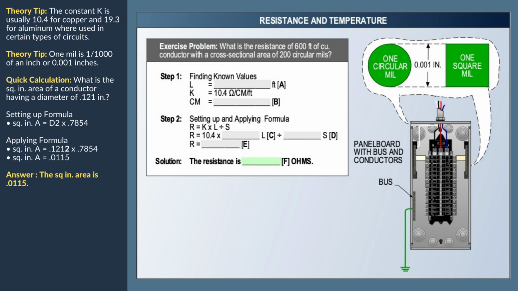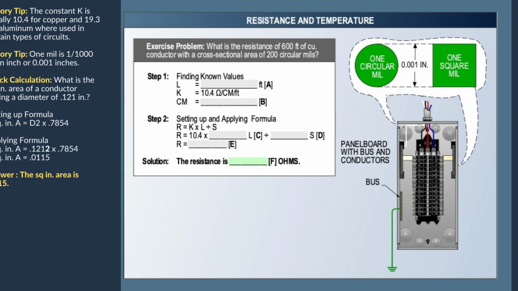In step 2, setting up and applying the formula, R equals K multiplied by L, then divided by S, which is the circular mils. Based on the formula, R equals 10.4 multiplied by 600, then divided by 200, which equals 31.2 ohms. Therefore, the resistance is 31.2 ohms.